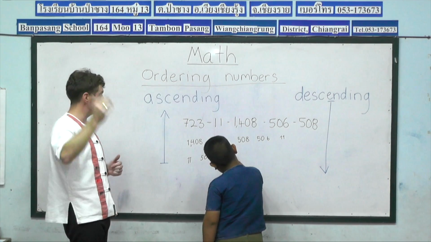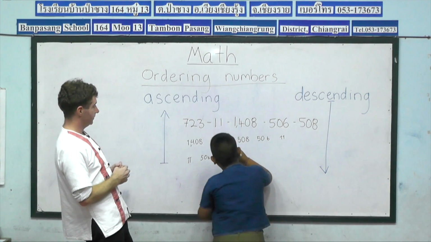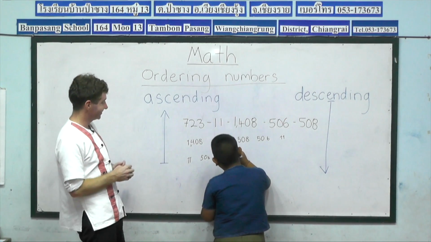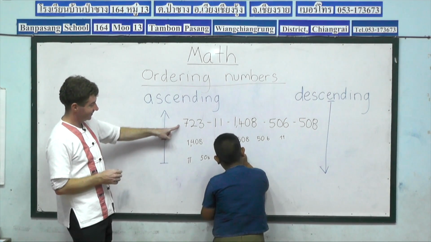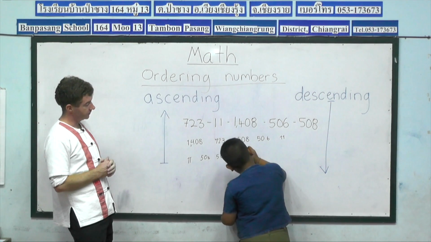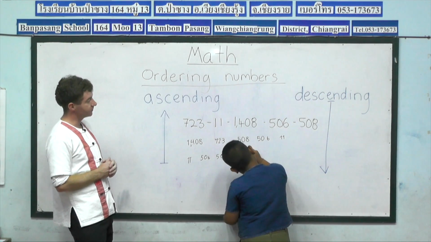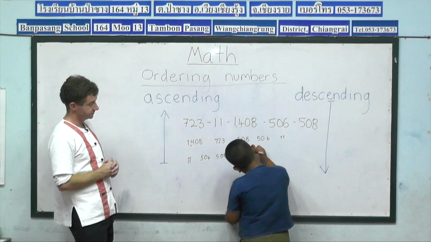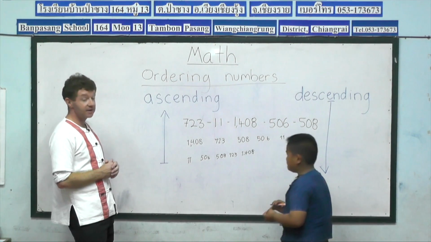This is ascending. 723, yes. And then finally, our biggest number, 1,408. That's brilliant, Net. Well done.